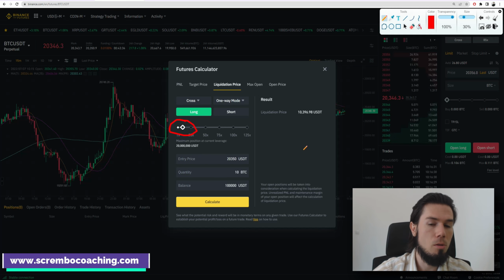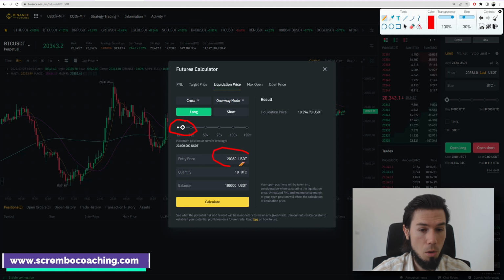The leverage amount that you are selecting is actually indicating the force of how your liquidation is going to be. A higher leverage means liquidation price near to you, near to your entry. A lower leverage means lower risk and the liquidation price is far away from you. Now, the entry price has to be selected correctly. As well, the quantity needs to be selected correctly.